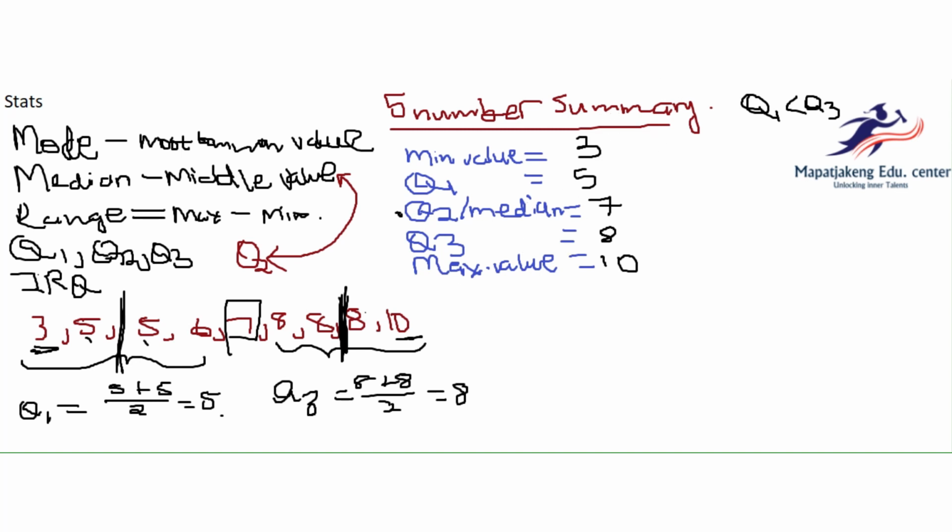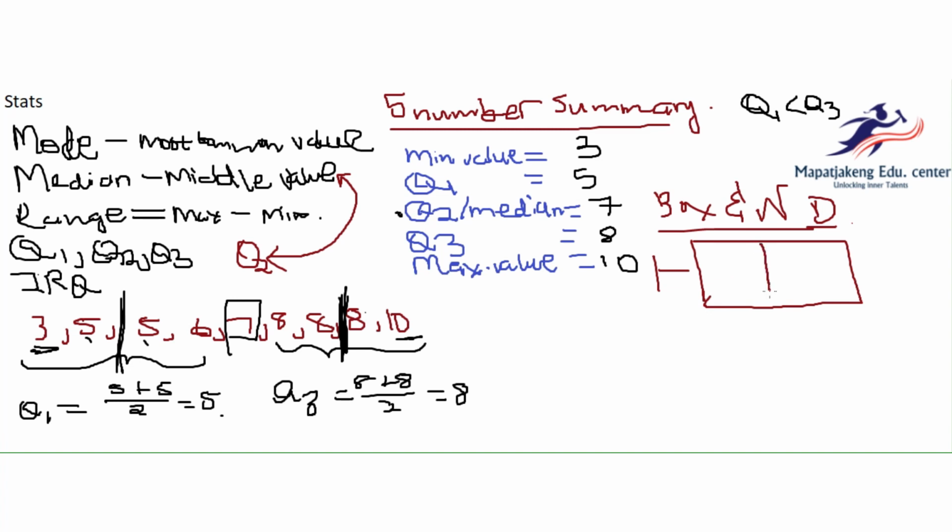With this five number summary as well, it helps you draw your box and whisker diagram, right? In most cases, your box and whisker diagram looks like this, where this represents the minimum value, this represents the max value, this is your Q1, this is your Q2, this is your Q3.